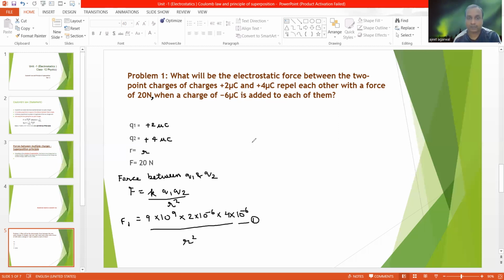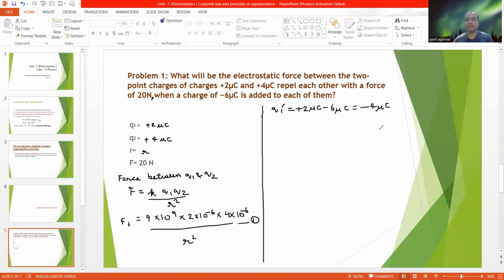Now, in the second case, when you are providing -6 extra charge, what will be the new charges? Now, the new charge I am taking as Q1 dash. The original charge was plus 2 microcoulomb. You are giving minus 6 microcoulomb more. The total charge is minus 4 microcoulomb.